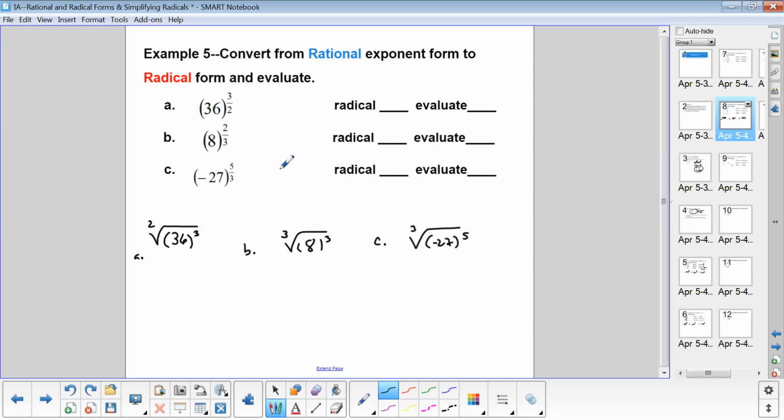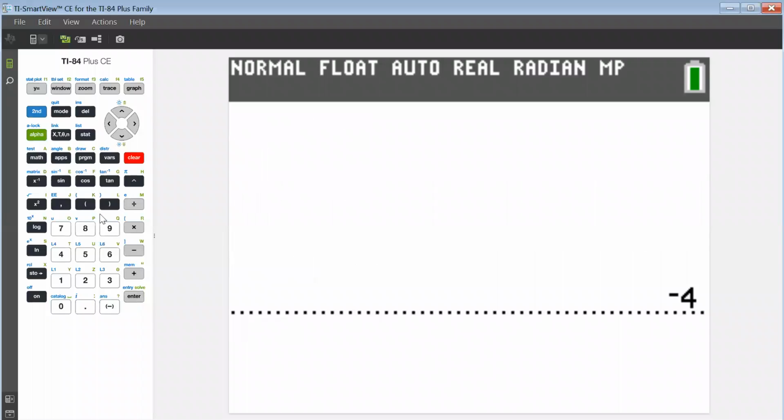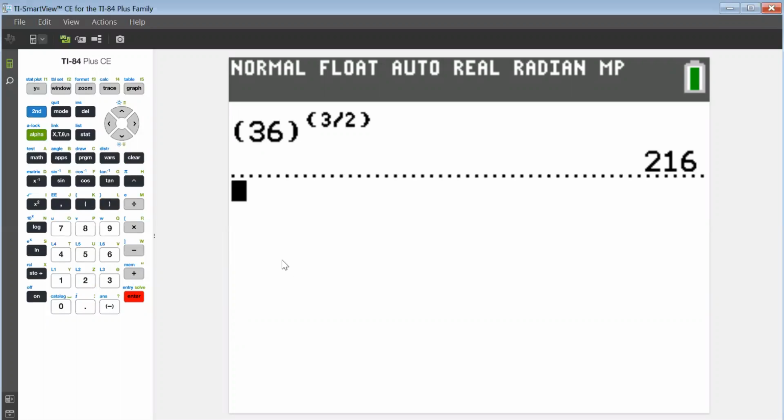And if you want to evaluate it, you would take 36, just as you see here. So 36 to the 3/2 power. So I type 36 in parentheses, raise it to the 3/2 power, and I'm going to get 216.